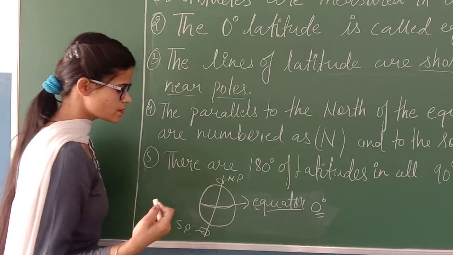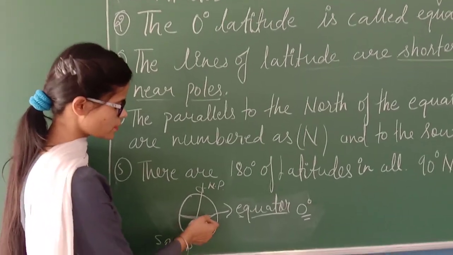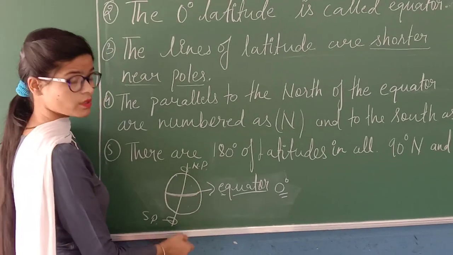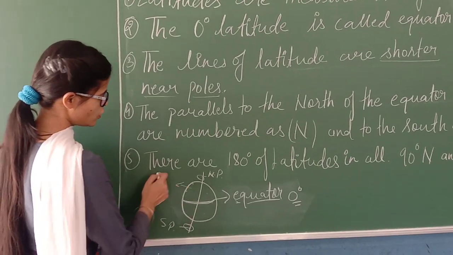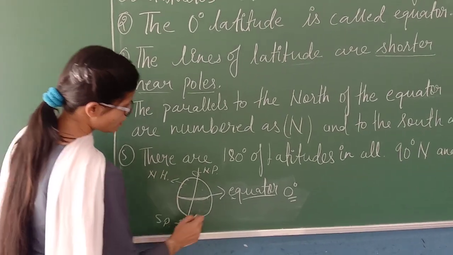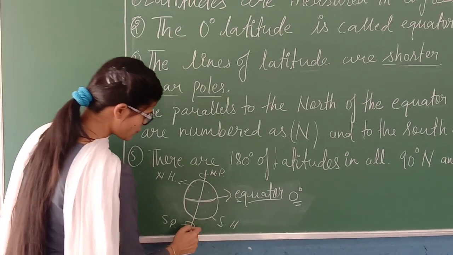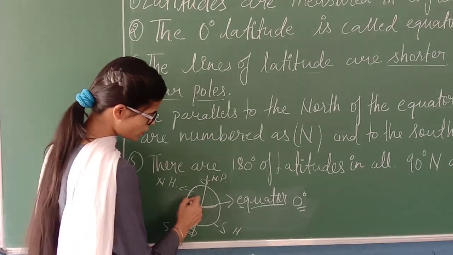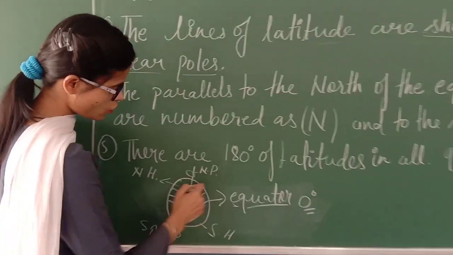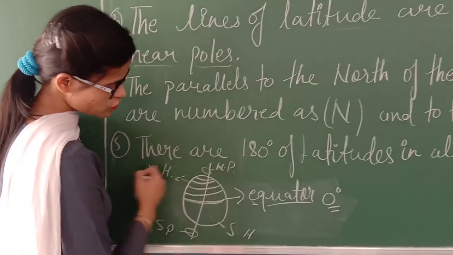And as I have told you, this earth is divided into two equal hemispheres, that is north hemisphere and south hemisphere, and these are the poles. So as we go nearer to the poles, these lines become shorter.